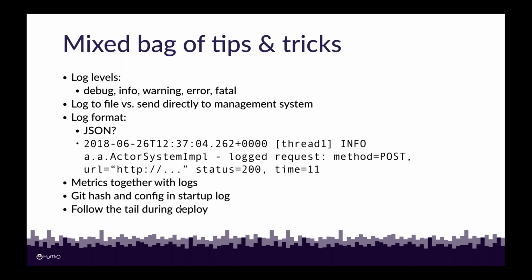And last is to follow the tail during deployment. So you deploy a new service, and do a tail on all the error logs happening across your whole cluster. Because when you deploy a service in one end of the cluster, you might be triggering errors and crashes in a whole other area of your system.